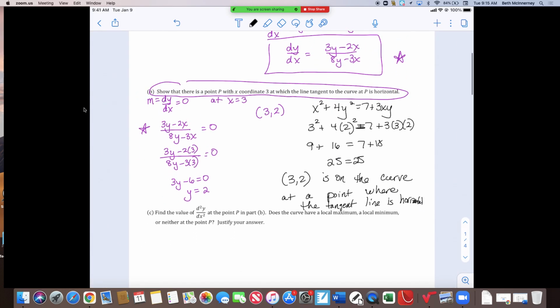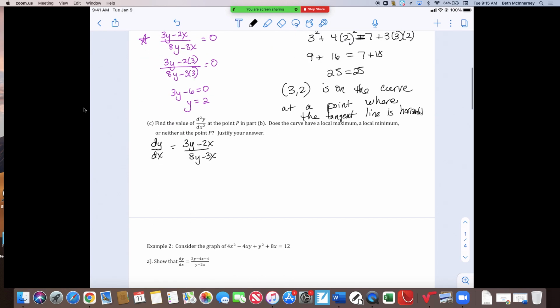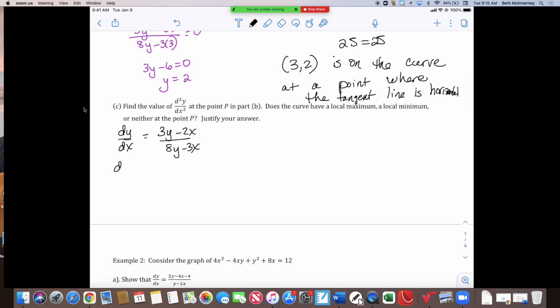All right, so I'm going to look at my first derivative. dy/dx was (3y - 2x) over (8y - 3x). And so if I want to find the second derivative at a point, I'm going to do low d high.